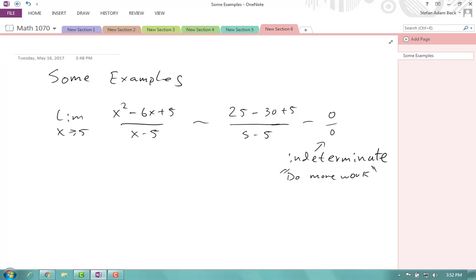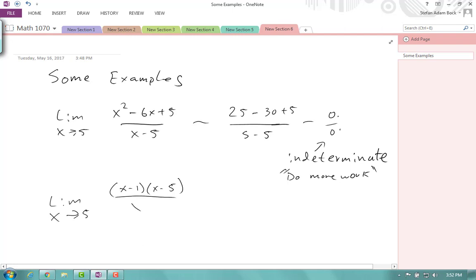But what I do notice is since I got 0 divided by 0, that means 5 is a root of the top and it's a root of the bottom. So I'll try to factor these polynomials to see if I get a factor of x minus 5. On the top half, I get x minus 1 times x minus 5.